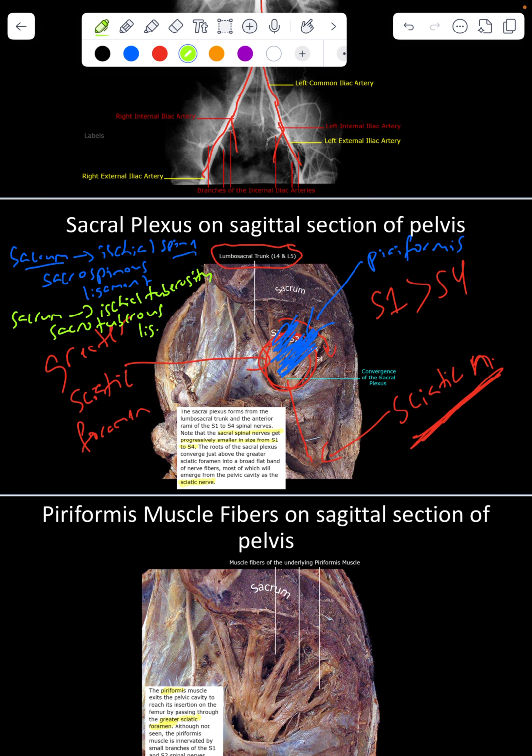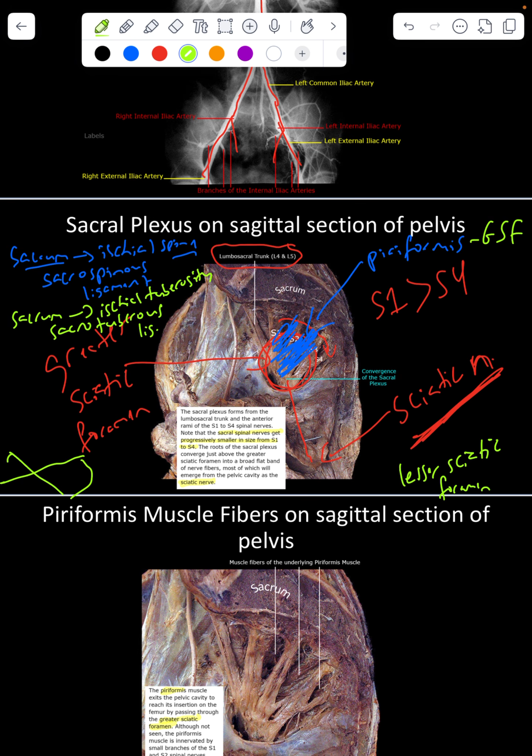So when these two ligaments go, one will go like this, one will go like this, and they'll create two big circles or holes or foramen. That's your greater sciatic foramen, and you have a lesser sciatic foramen as well. The muscle that goes through the greater sciatic foramen is the piriformis.